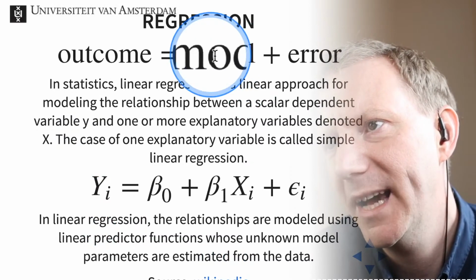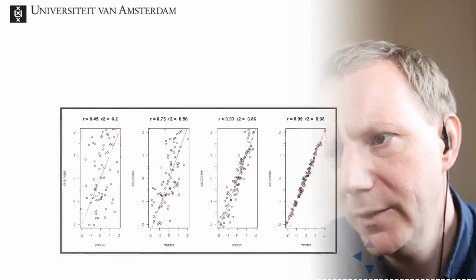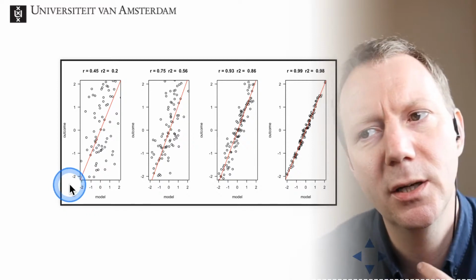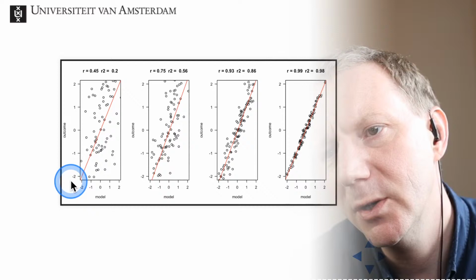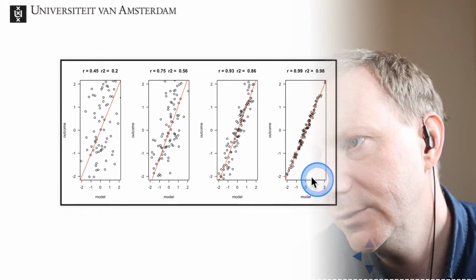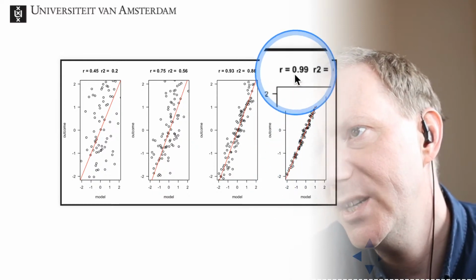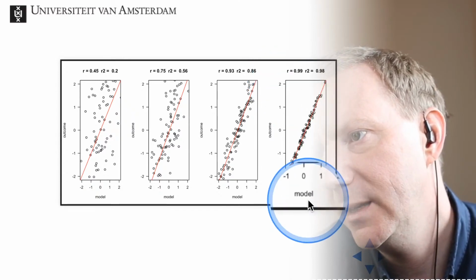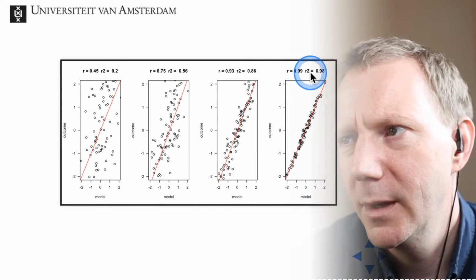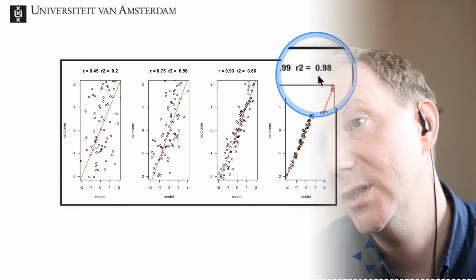Looking at the expected results, only the model, and the outcome: if there were a one-to-one relation between what you expect and what the actual outcome is, that would mean all your expected values would be essentially the same as your actual scores. In such a situation you would find a correlation between the model and the outcome to be extremely high, 0.99. And if you square this, you have the proportion of explained variance, which is also very high.